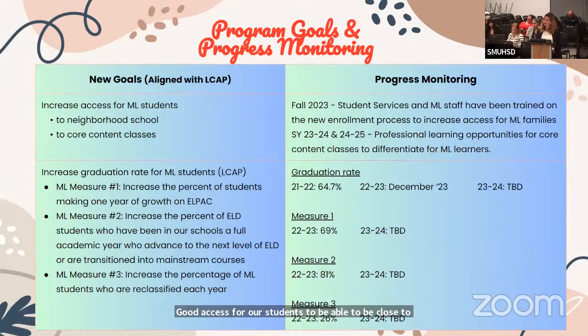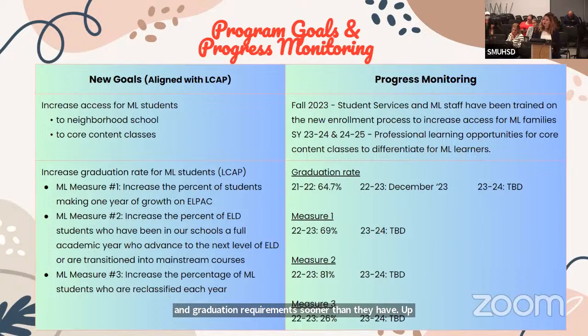So students will be accessing the resident schools, which they haven't necessarily been accessing in the past. And then they'll also get access to core content classes and graduation requirements sooner than they have up until now.